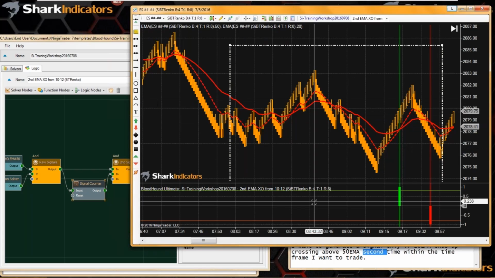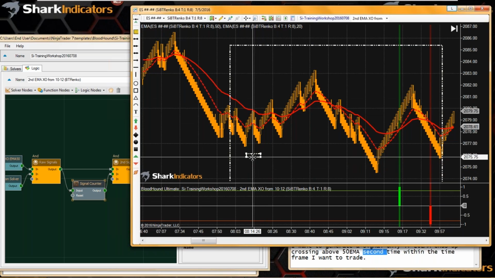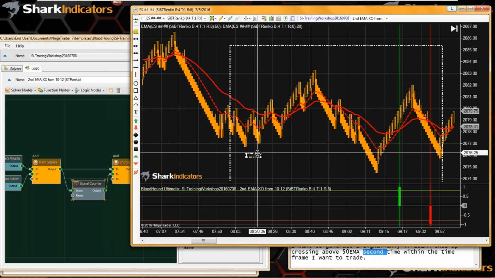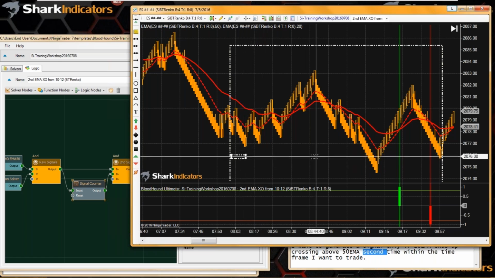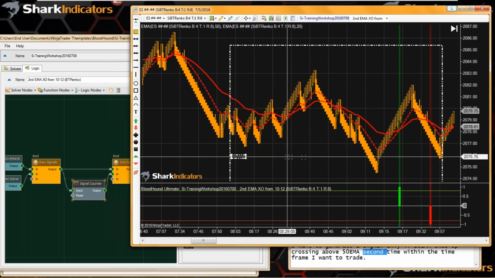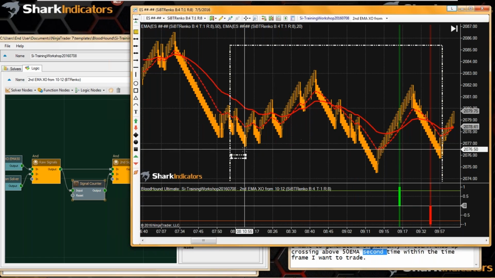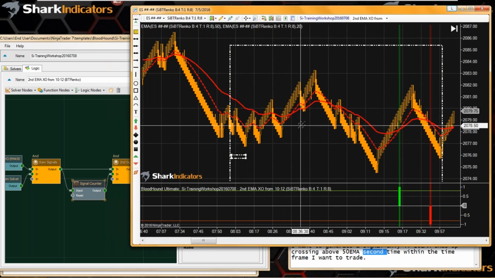If I count correctly, that is about 10 bars. So I'm going to guess that it's probably less than 200 bars. But that's only for this particular day. So you need to take a good sample size of several days to figure out how many possible bars could there be in there.